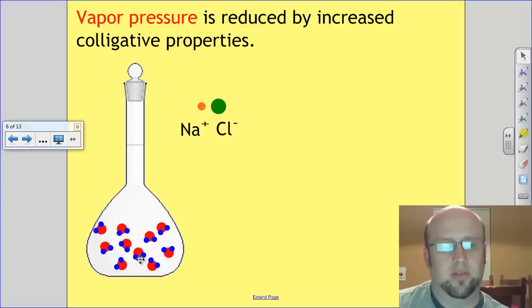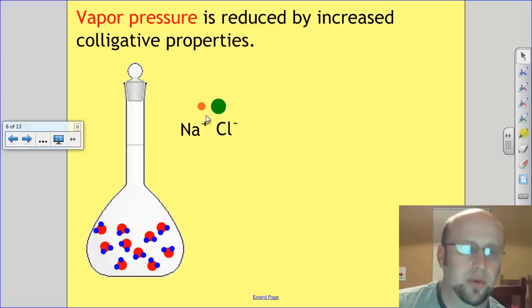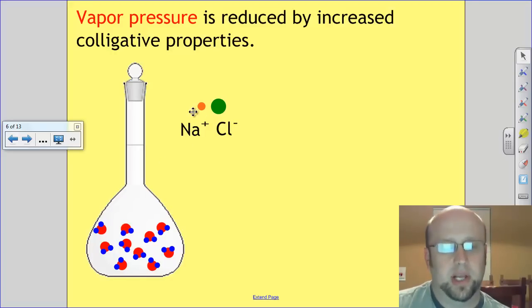So what colligative properties do is they reduce the vapor pressure. And here's how they reduce the vapor pressure. If we start dissolving sodium chloride, now remember when it dissolves, it breaks up into sodium ions and chloride ions. So we've got these things all over the place.